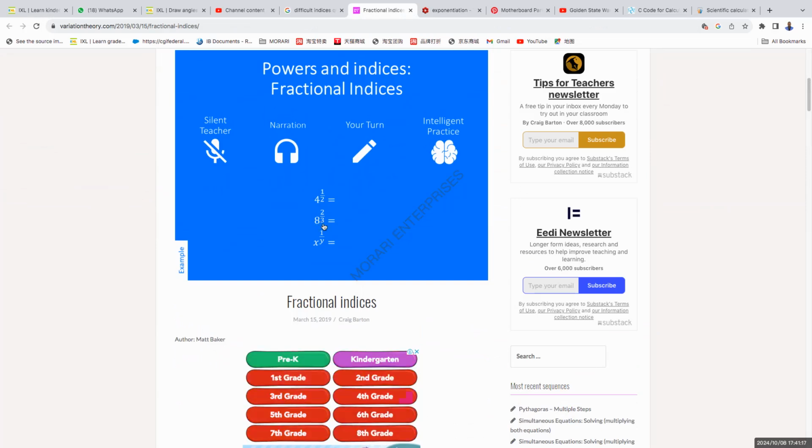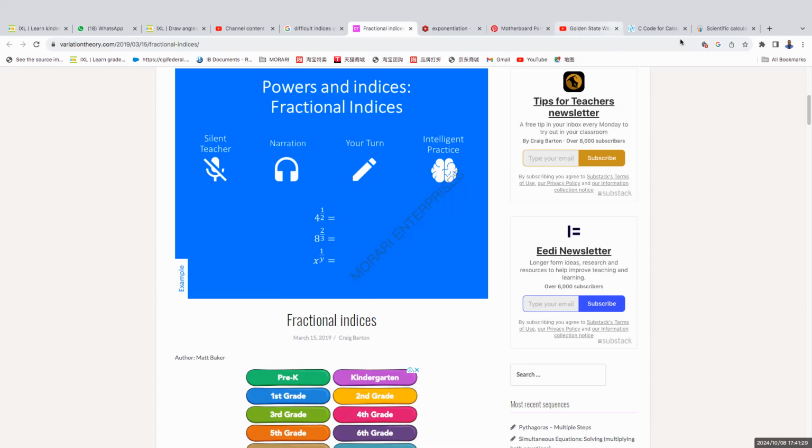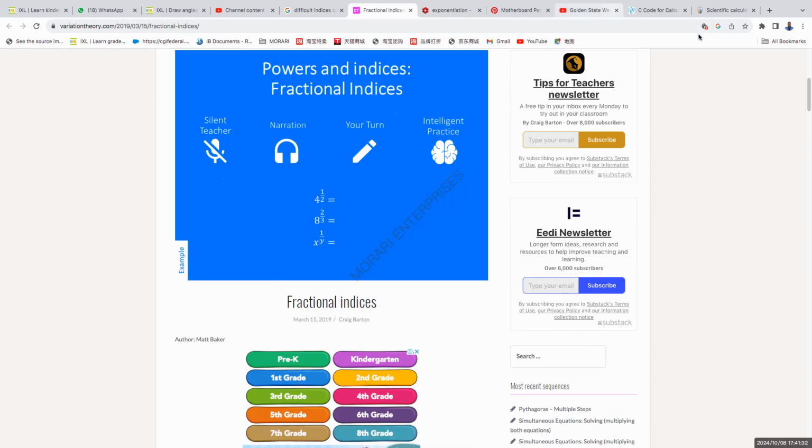And this one means what? The cube root of 8, or squared. The cube root of 8 is 2, 2 squared is 4. 8 to the power 2/3.